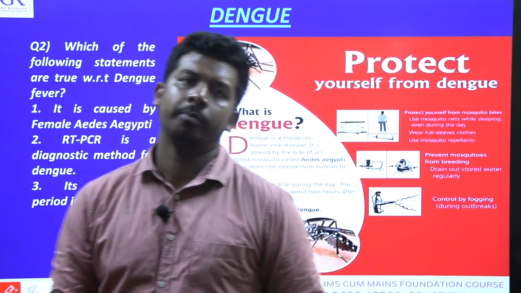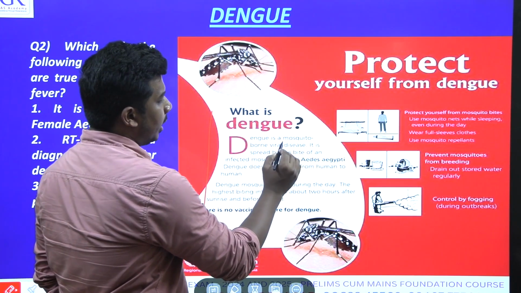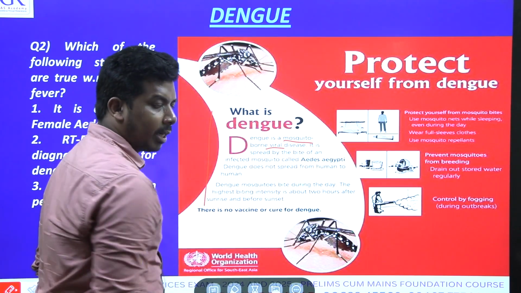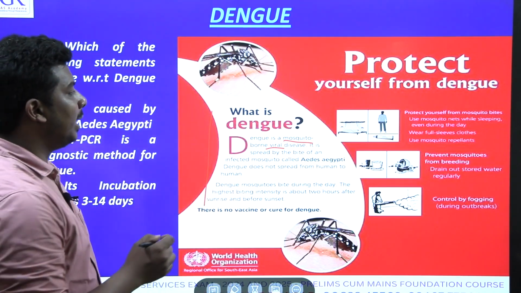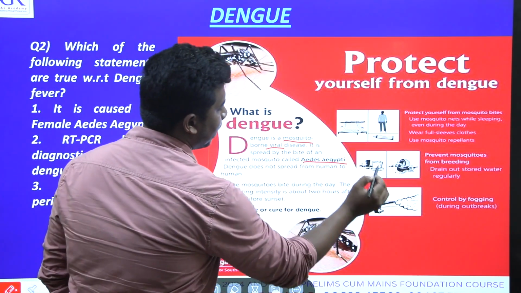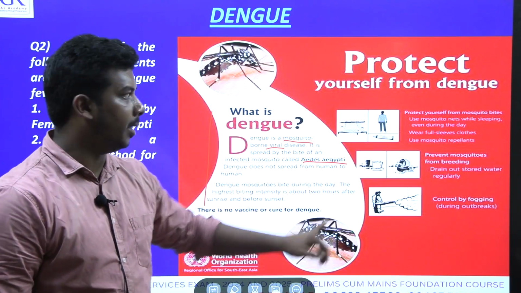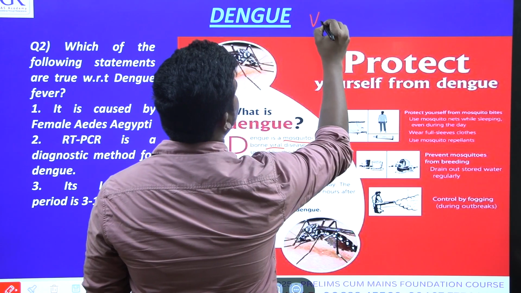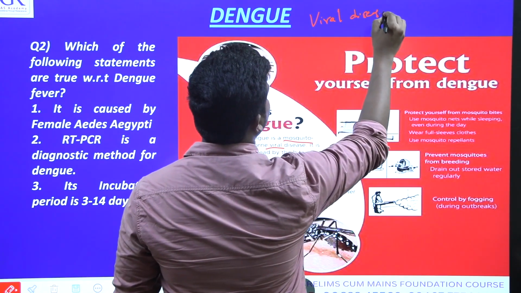So what is dengue? Basically, dengue is a fever. It is caused by a virus. Dengue is caused by the dengue virus, and it is spread through the Aedes aegypti mosquito. So first of all, it is a viral disease.